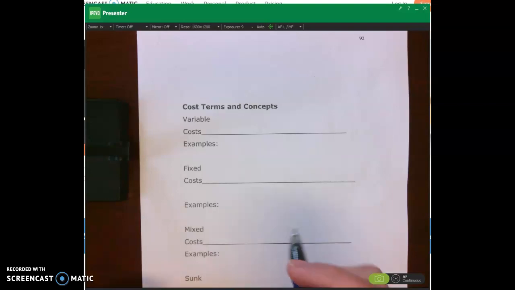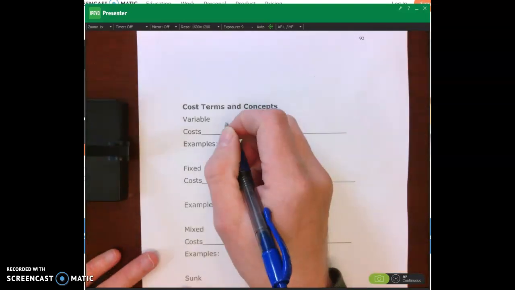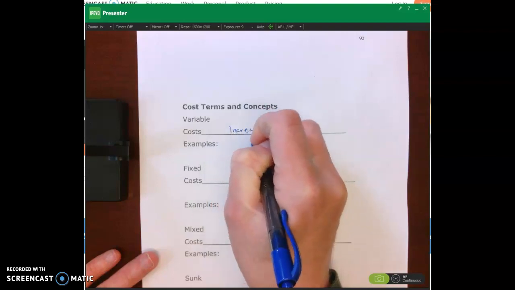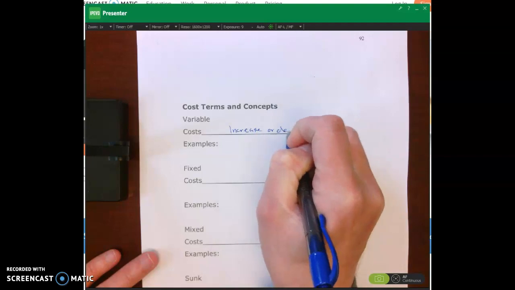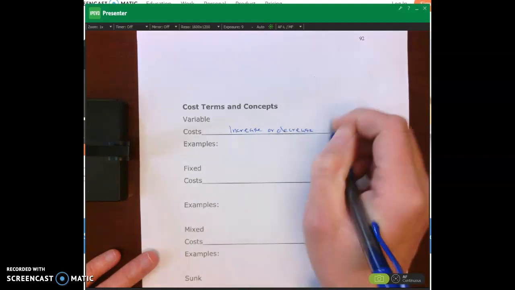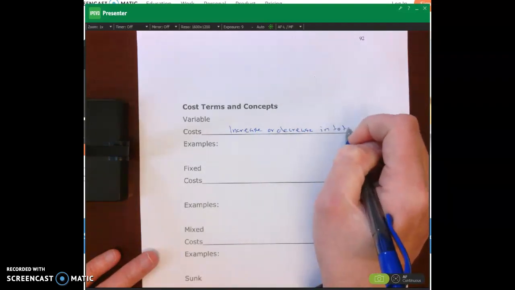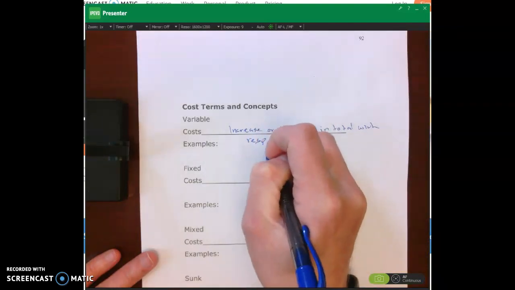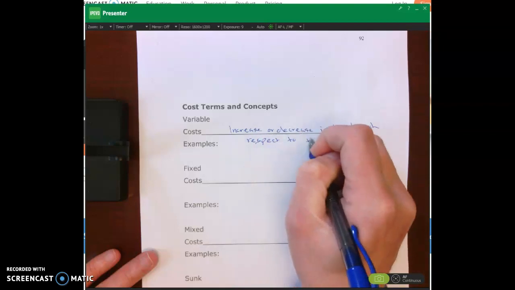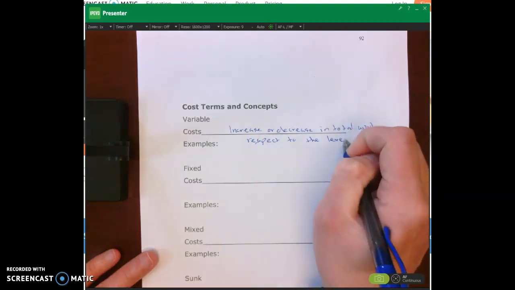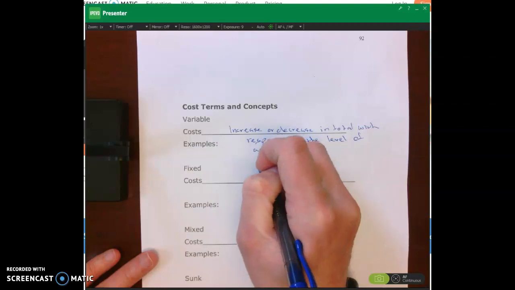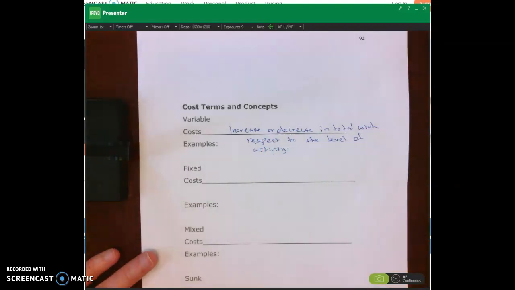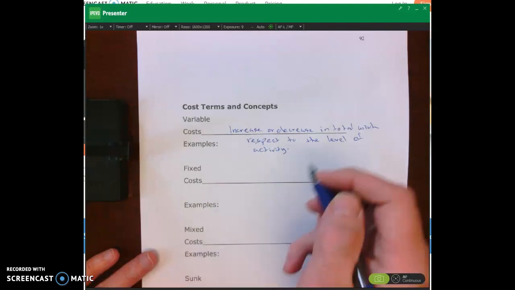So when we talk about variable costs, what we're talking about are those costs that increase or decrease in total with respect to the level of activity. So they increase or decrease in total with respect to the level of activity.